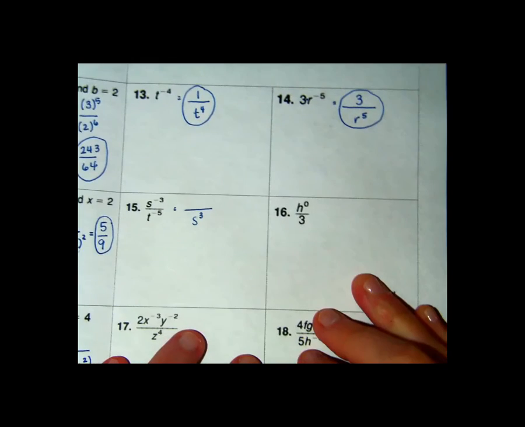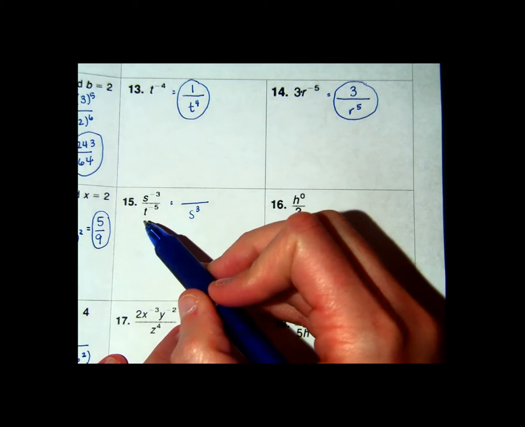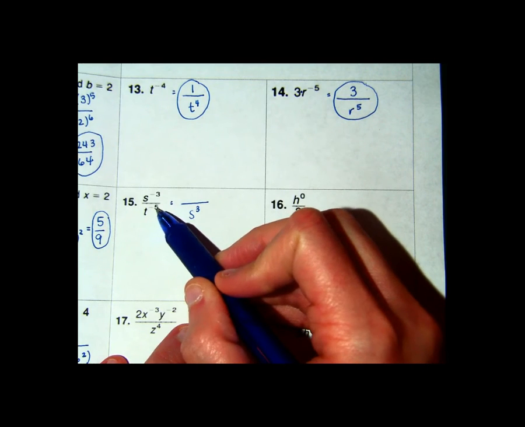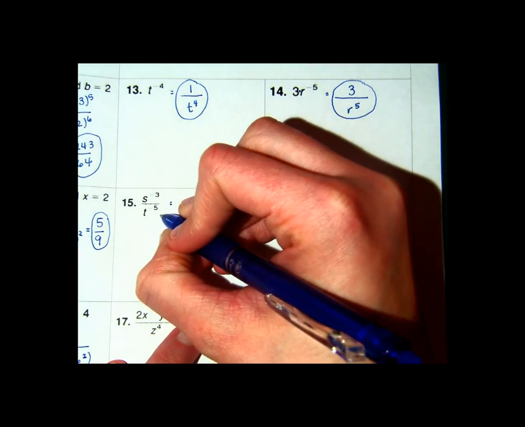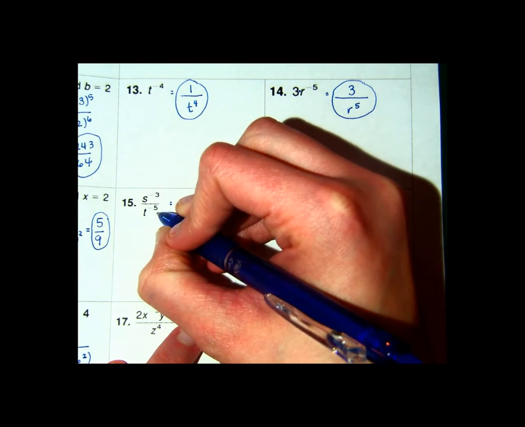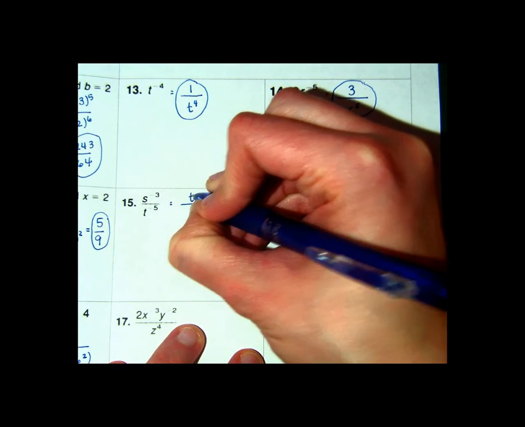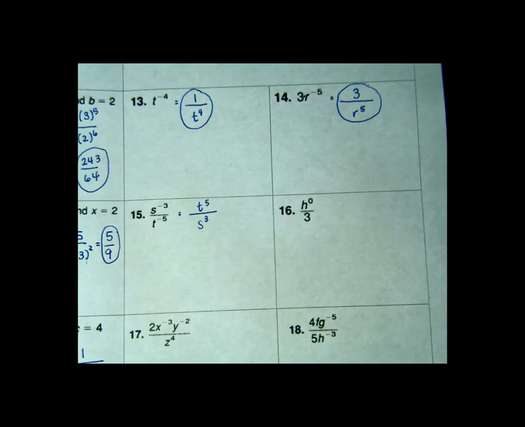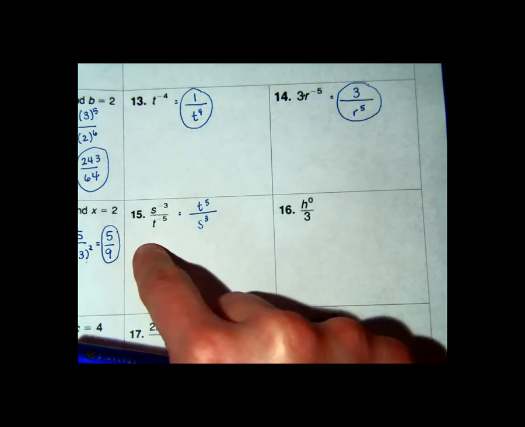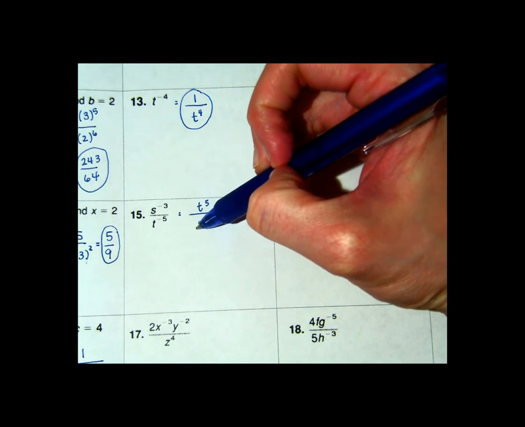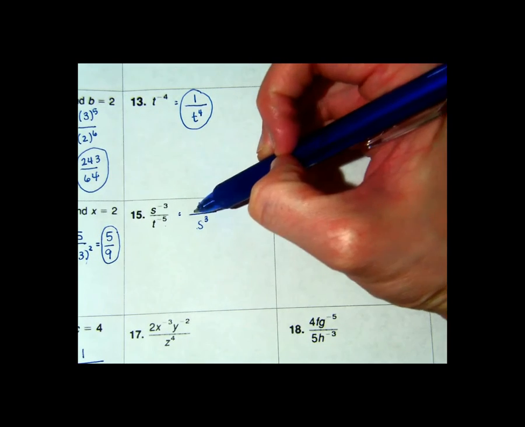This is what I mean by we haven't seen this before: we have a negative exponent in the denominator. It is going to need to change positions as well. If it's currently in the denominator, to make it a positive exponent, it has to go to the numerator. So they changed positions. This one was negative, we changed it to the bottom. This one was negative, we changed it to the top.